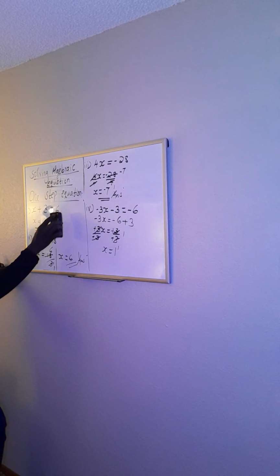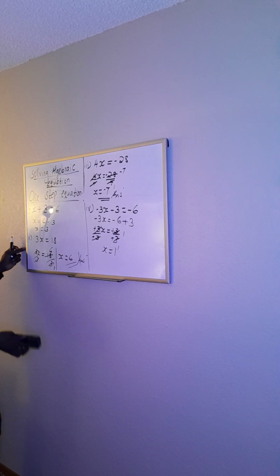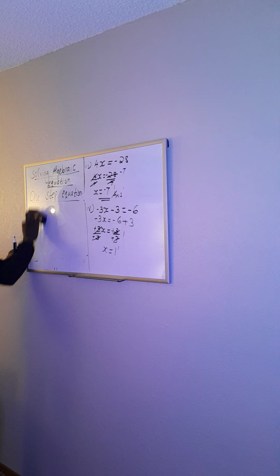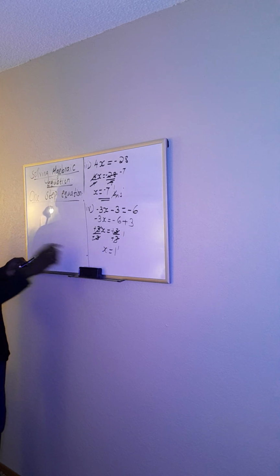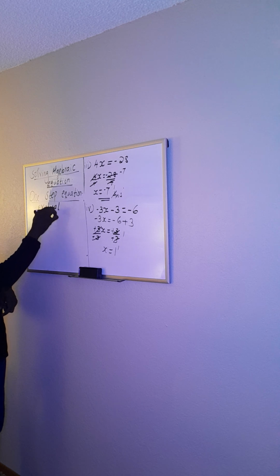I want to go ahead and give you examples of one-step equations for you to try and solve at your own time. Therefore, evaluate. These are examples for you to try and solve at your own time. Evaluate: 3k is equal to 15.